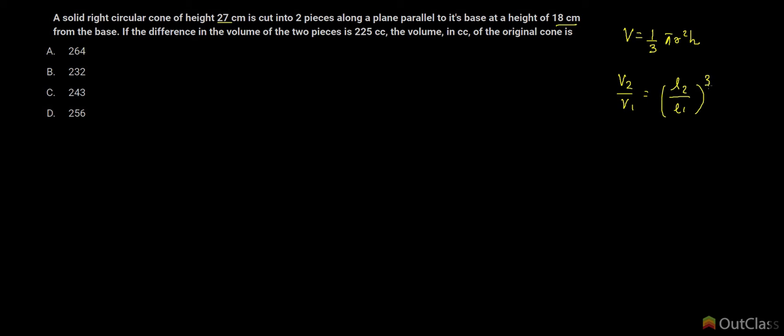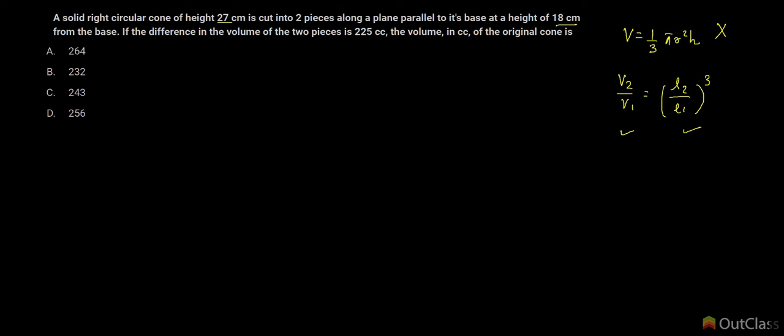So if you get two similar figures, if the ratio of some corresponding lengths is L2 by L1, then the ratio of the volumes will be the cube of that ratio of the lengths. That is all you need. You don't even need this to solve this question. So I wouldn't tag this as a mensuration question as much as I would tag it as a similarity question.